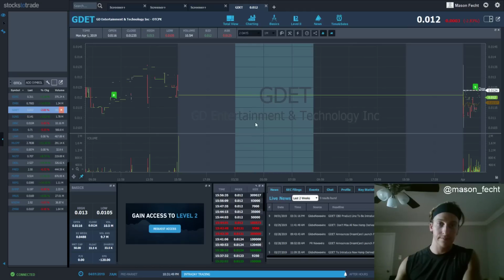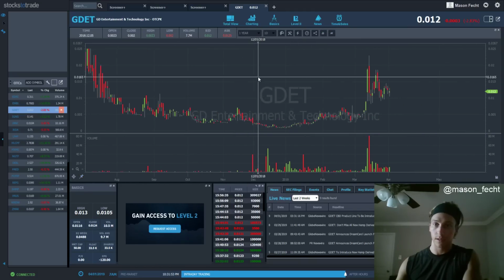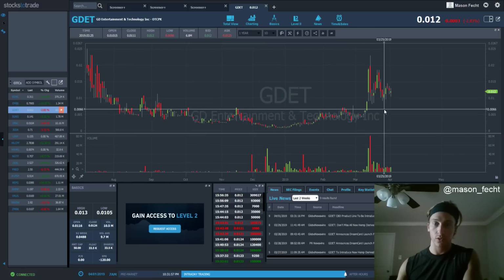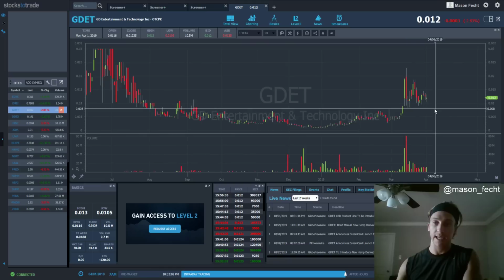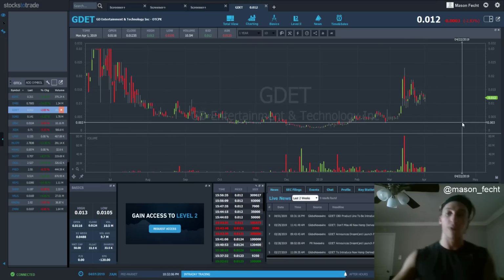GDET. So this one went sub penny to over 2 a couple weeks ago. Now it's like holding a penny. I'm going to keep it for now. Unlikely to trade it. I'll probably take it off in a couple days.